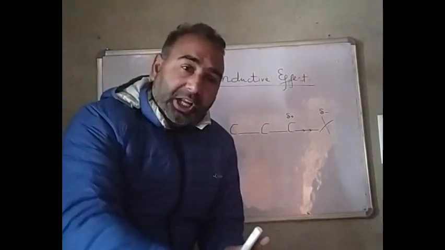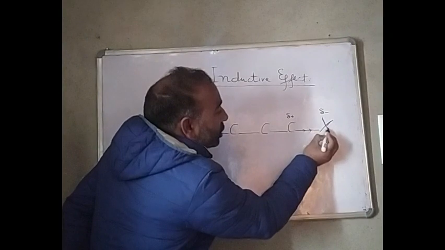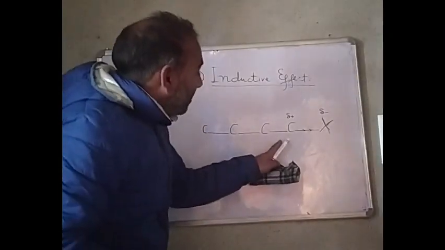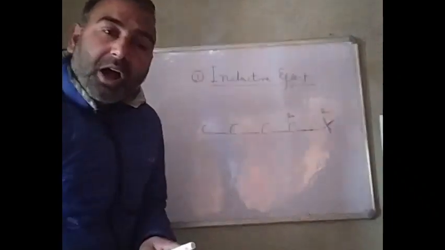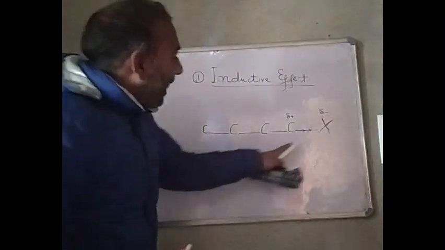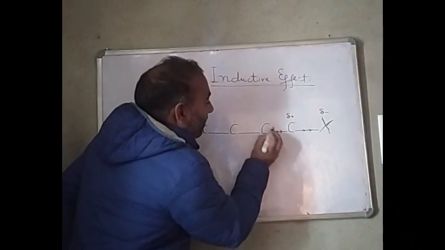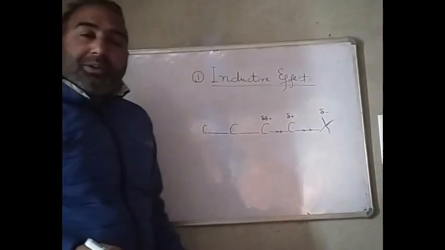And additionally, this shifting of sigma electrons takes place beyond the first carbon. The second carbon also feels the attraction of X, and it also attains a partial positive charge.